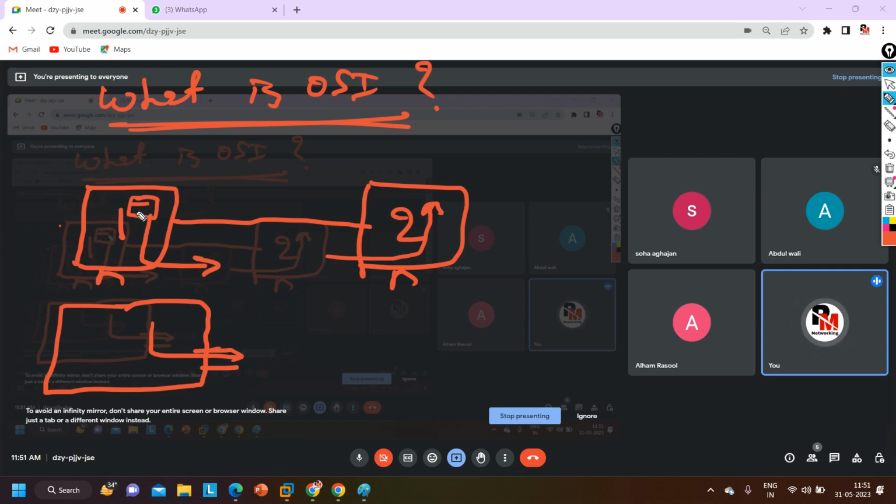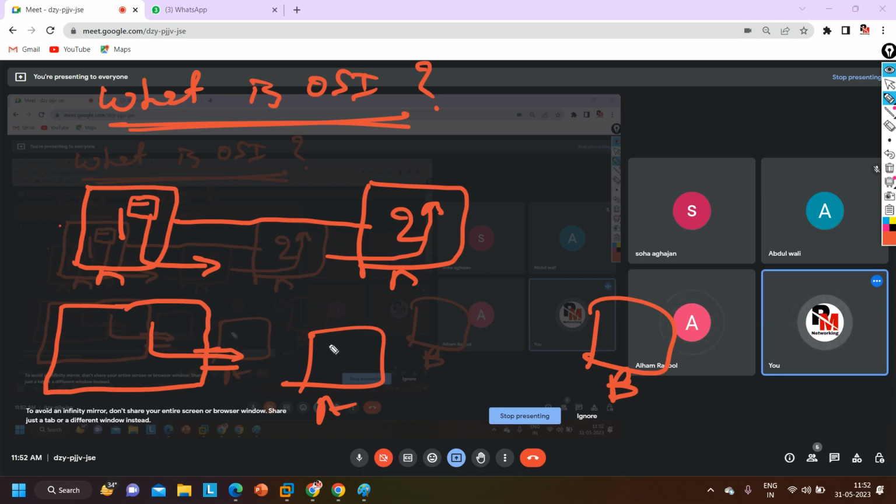They need to provide the IP address, the source MAC address and destination MAC address to the data, and then only can the data reach the actual destination. Suppose this is place A and this is place B. From place A to place B you want to send one letter.